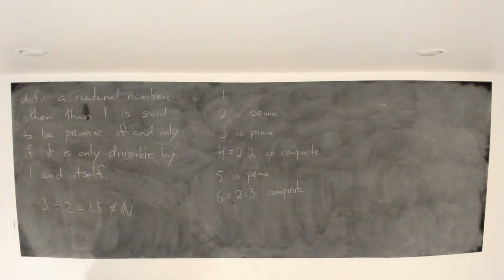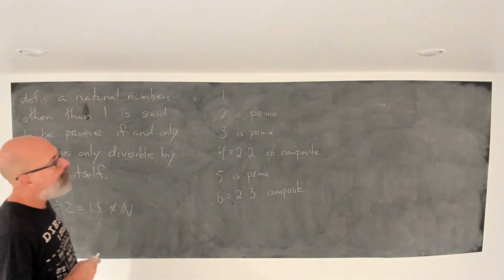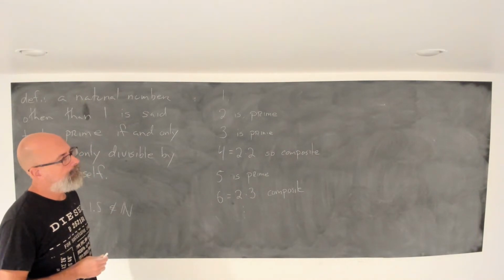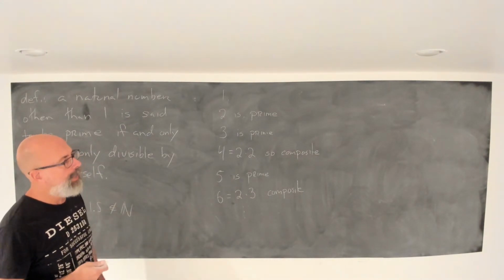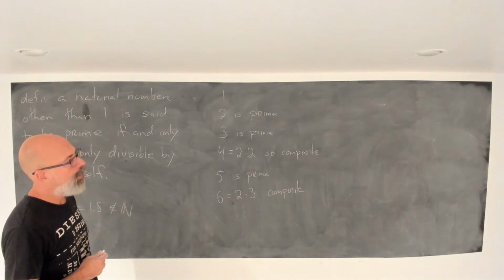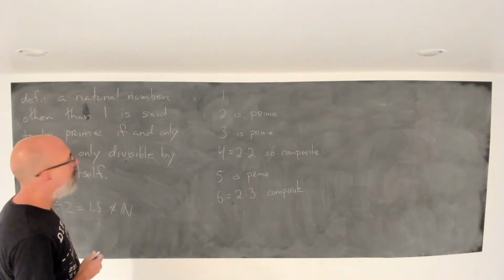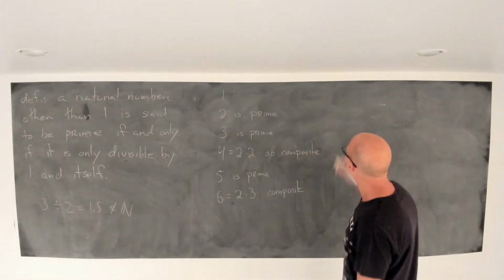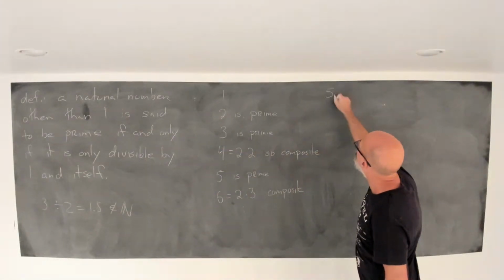This leads us to an interesting way to list all the prime numbers known as the sieve of Eratosthenes.